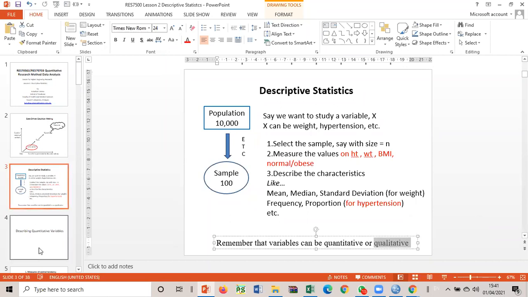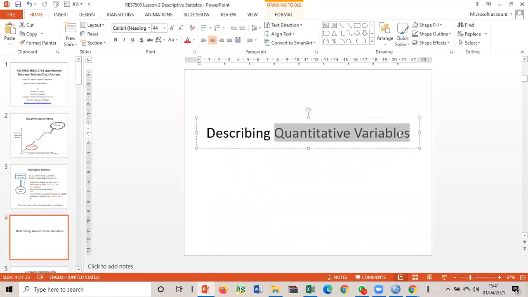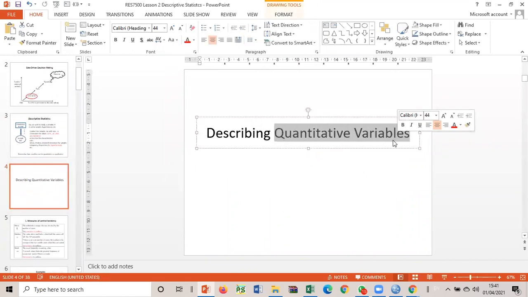All right. First, we're going to see how to describe quantitative variables. Example, marks, distance traveled, BMI among students, heights, weights, all these are quantitative variables.